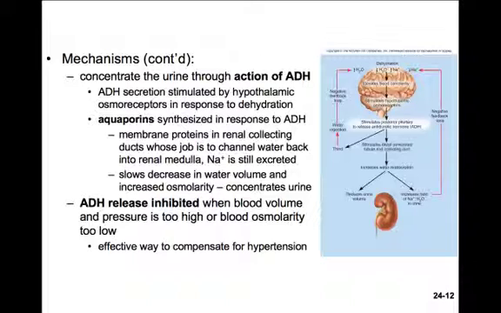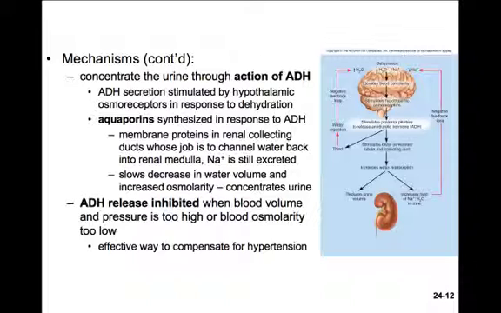Again, as you know, the ADH is going to stimulate the production of the aquaporins, and so we're continuing to reabsorb water at a higher rate when antidiuretic hormone is present. However, aquaporins are not involved in sodium reabsorption, so the sodium is still excreted.